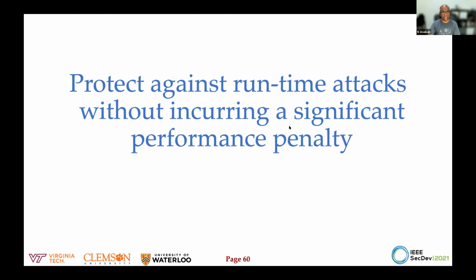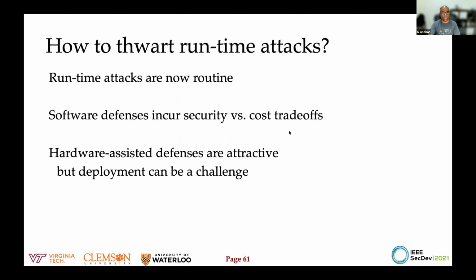Hans mentioned that some of these defense techniques like control flow integrity have this inherent tussle: either you get a coarse-grained level of protection, which means that you don't get ironclad security, or if you try to have a fine-grained level of protection, then the overhead of doing that in software can be too high.